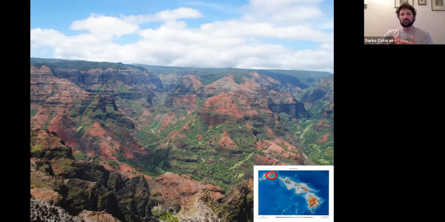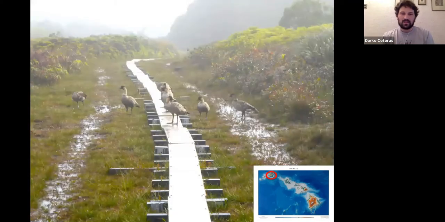So if you're on one rim of the Waimea Canyon, you're in one age, and on the other one is 1 million year difference. So this difference in the age of these lavas, in some way, made it difficult to make them very concrete or compact. So eventually, they just separate and create this gigantic canyon, a feature absent in a young island like the Big Island. Also related with this high elevation, there is the Alakai Swamp, the highest wetland on the planet.